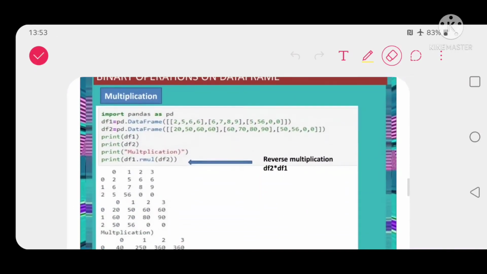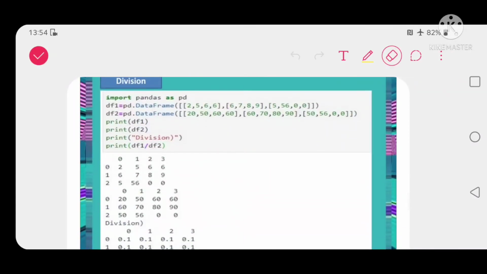You can see rmul is there: df1 dot rmul df2. Reverse multiplication means the second operand will come at the front. You can see here df2 multiply df1. Clear? But the result will be the same because the multiplication operation is also commutative. Clear?